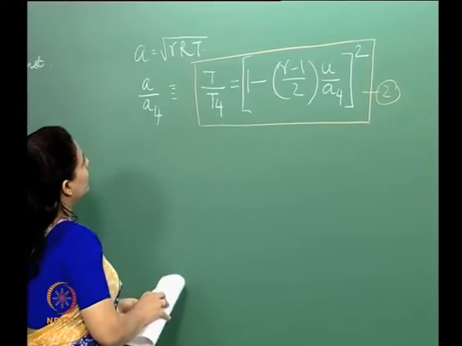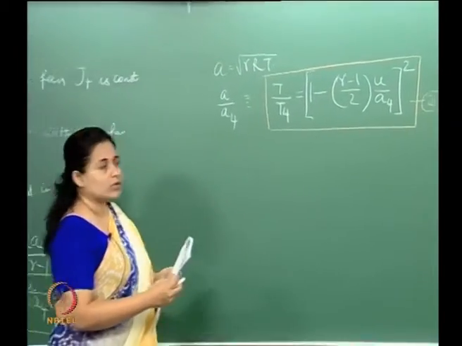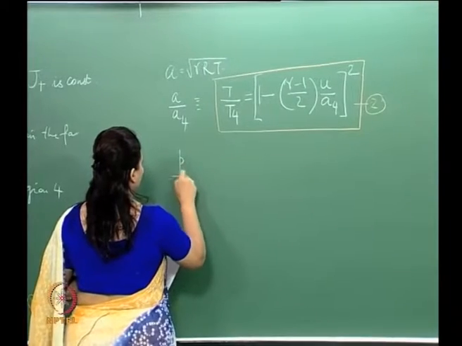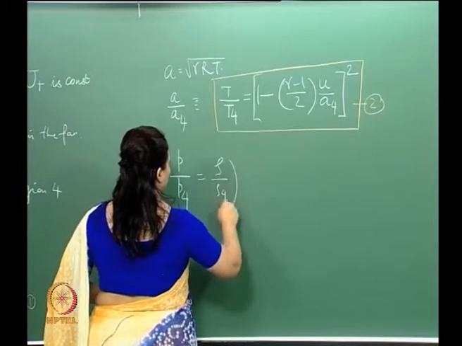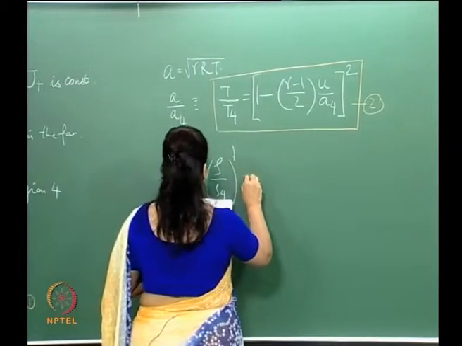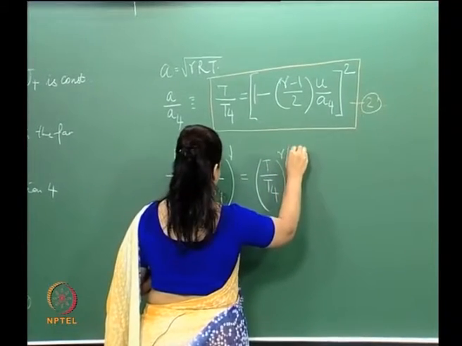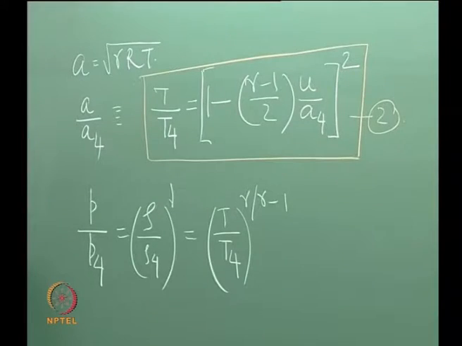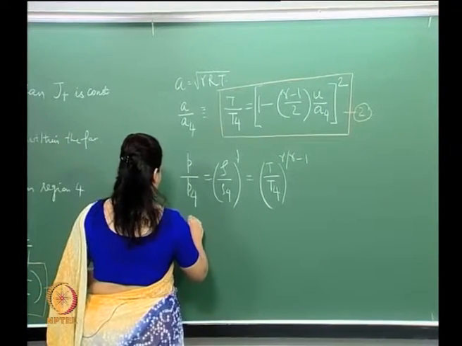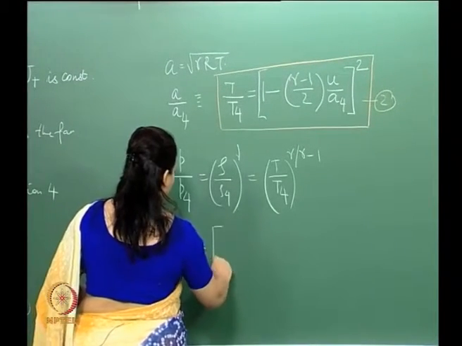Similarly, since this is an isentropic process, again we will have this. So therefore we can write P by P4, and we get these two relationships. So P by P4 therefore becomes this.